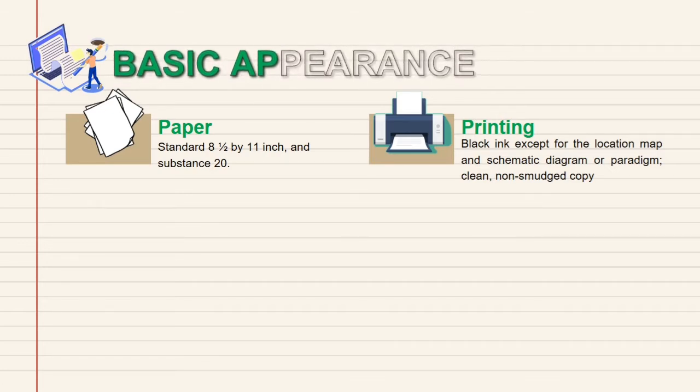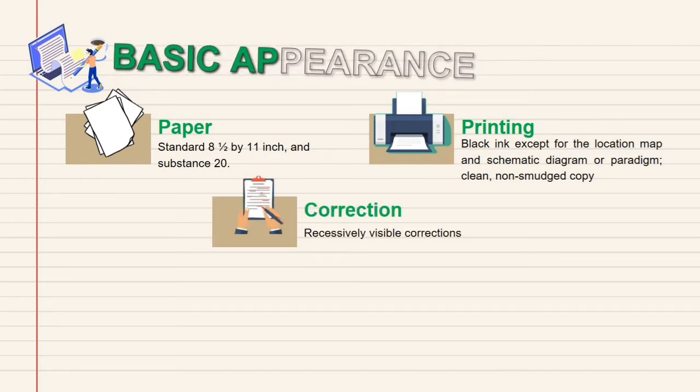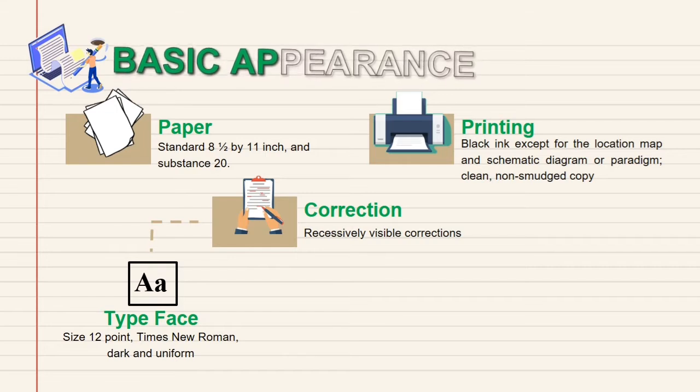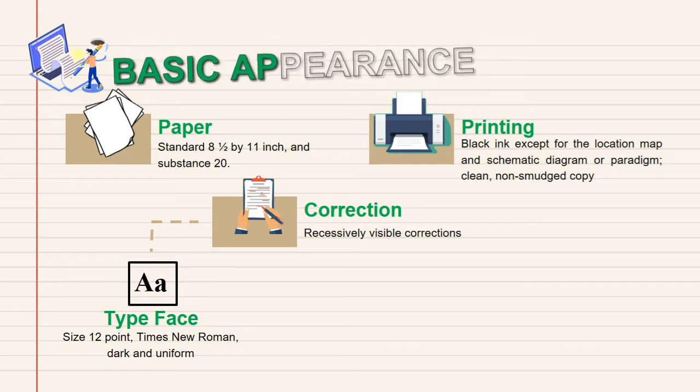For example, you may use a laser printer. In cases of corrections, these should be reasonably invisible, while the typeface should be 12 point and the acceptable font is Times New Roman, and it must be dark and uniform throughout.